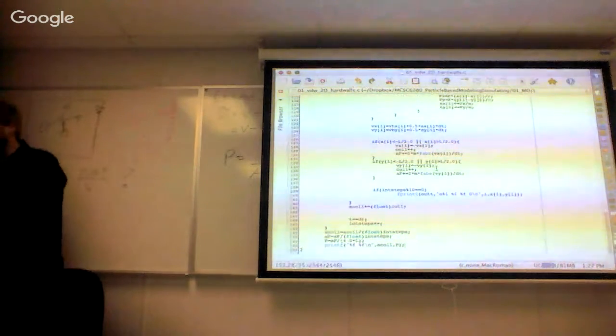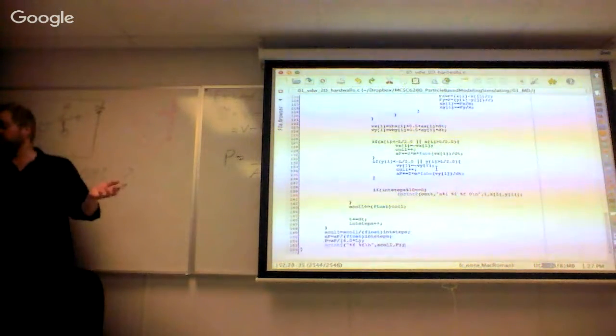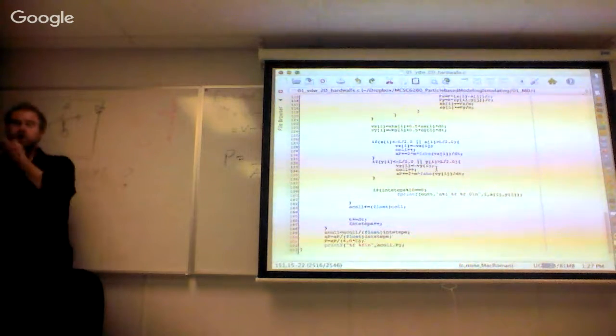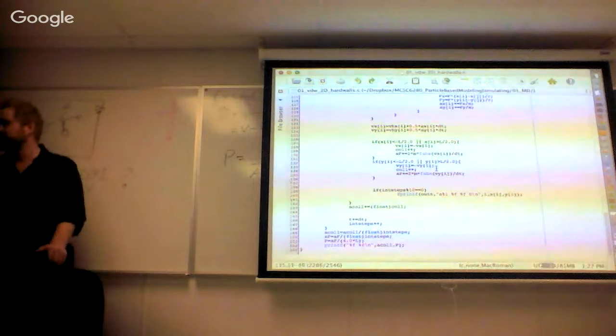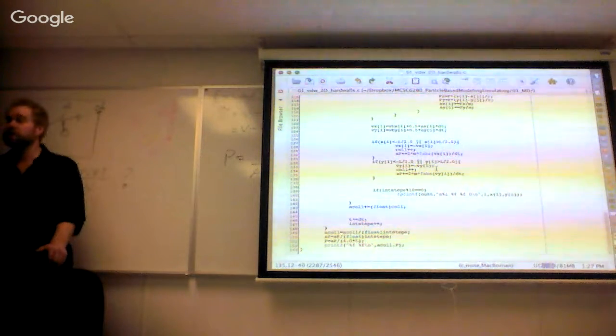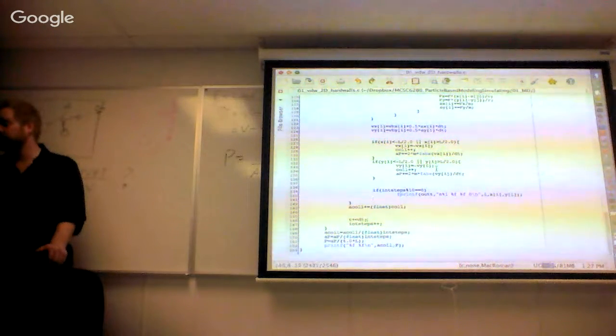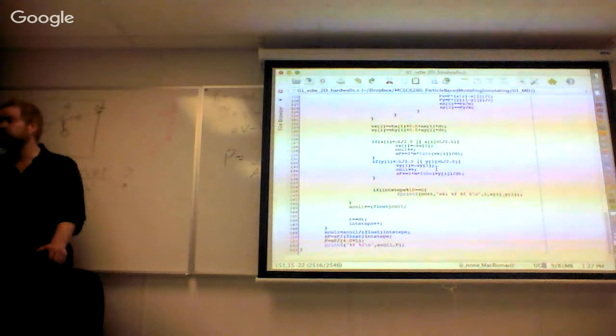Cool, so now I can do the exact same calculation for my pressure. That's the same at the bottom of the code here. Each collision contributes 2 times n times the velocity over the time step, and I can calculate the average force, and from that I can get the pressure.